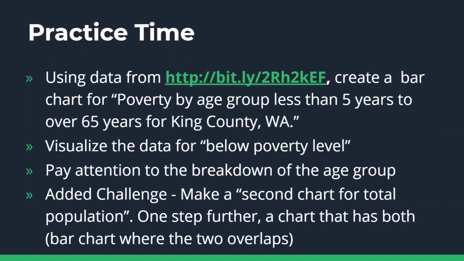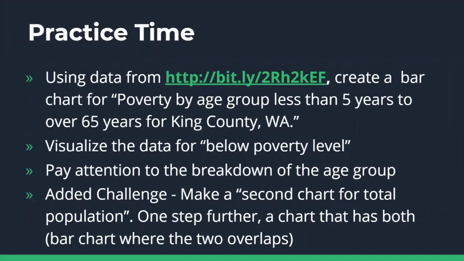But for those who are really good at this and have done this many, many times before, there's a second level, which is I want you to actually make 2 charts and then combine those 2 charts into 1 chart. The first is basically a different data set that you need to work off, right?